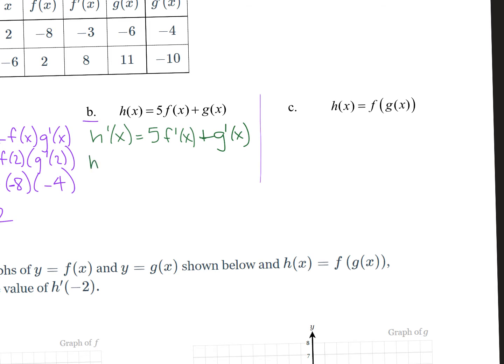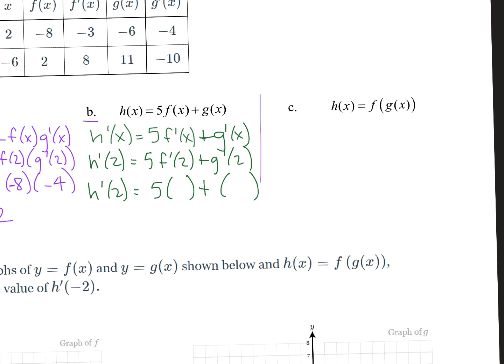Again we're trying to find h prime of 2, so let me change those x's into 2's. This is where your handy dandy chart comes in. We can plug in numbers for f prime of 2, which is -3, and g prime of 2, which is -4. So continuing, I have h prime of 2 equal to -15 minus 4, so h prime of 2 is -19.